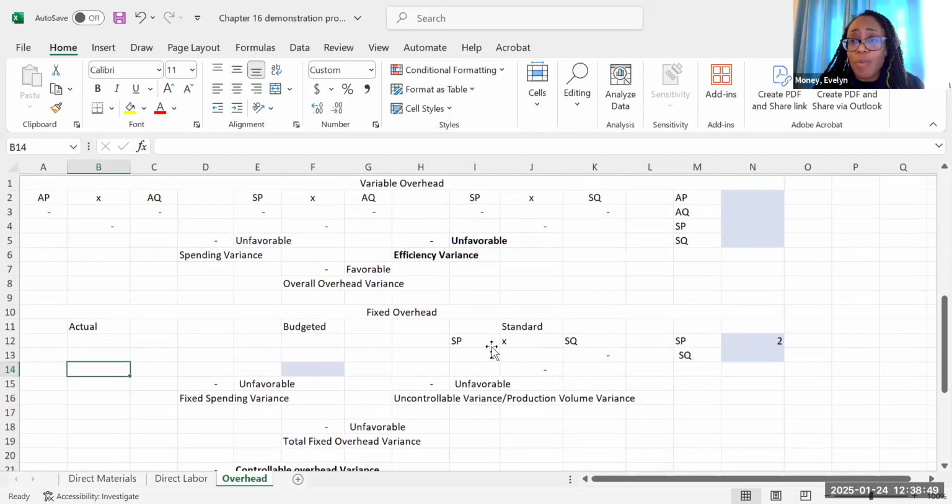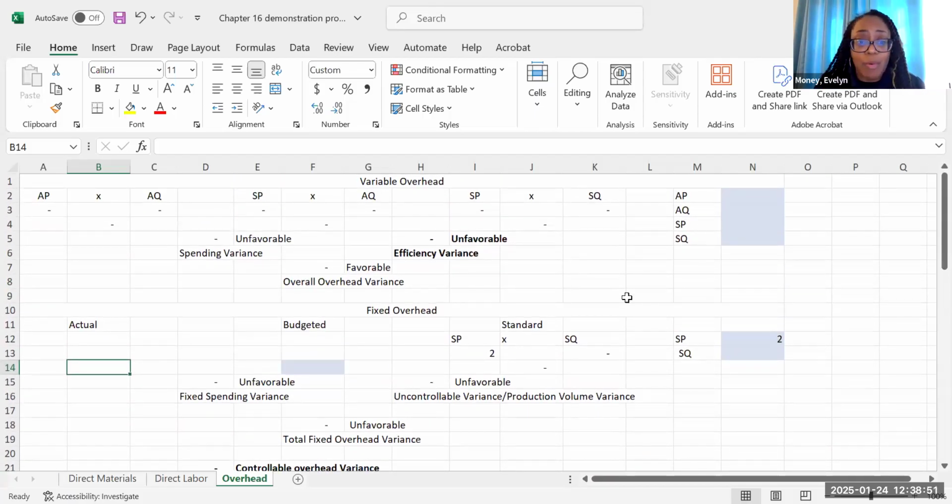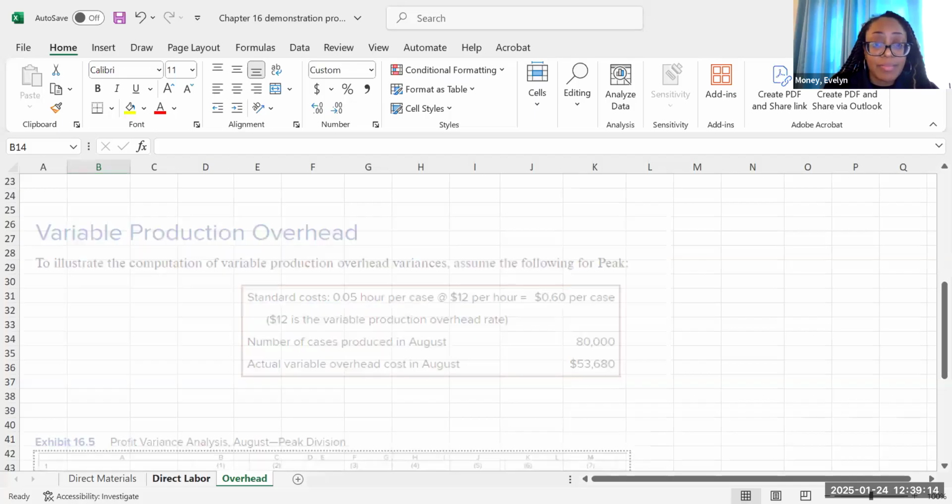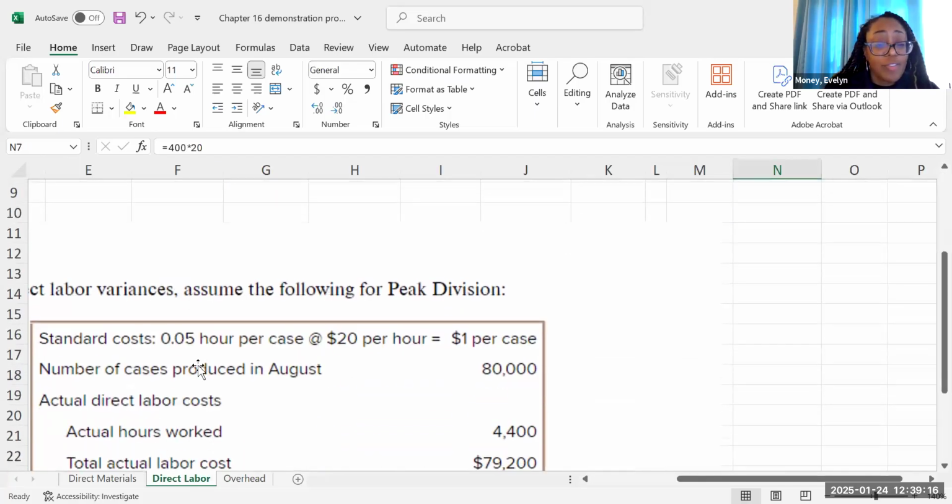All right, let's do variable overhead first, and let's fill out our table. The actual price is not given to me, but I do believe that I can find it. And we know that overhead is based on hours. These hours here, 0.05, should look familiar.